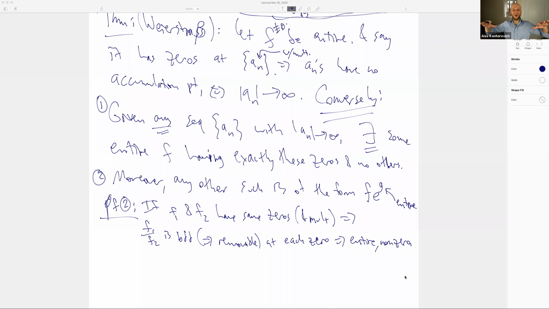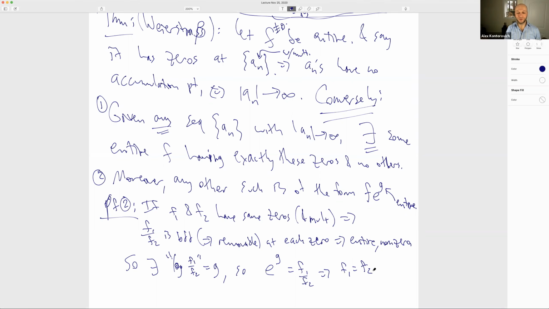We have a function that's non-zero, therefore there exists a log. So there exists a function log of f1 over f2, which we call g. So e to the g is equal to f1 over f2, so f1 is equal to f2 times e to the g, which is exactly what we wanted to prove. That part's easy and not surprising. If two functions have exactly the same zeros with the same multiplicities, you just take the ratio and you've killed off all the zeros. Now you have an entire function that's nowhere vanishing, so it has a log.